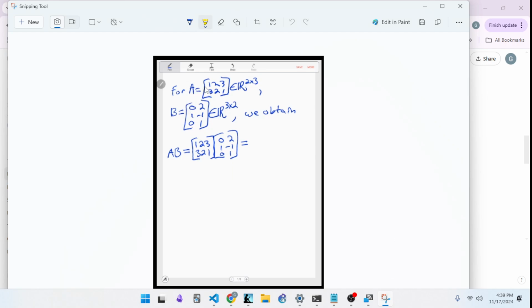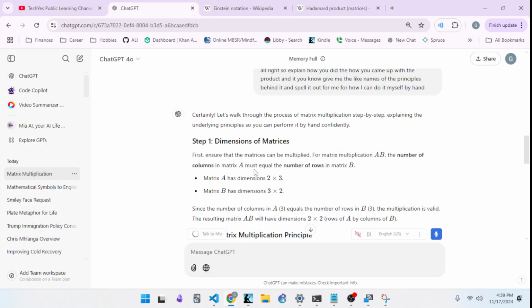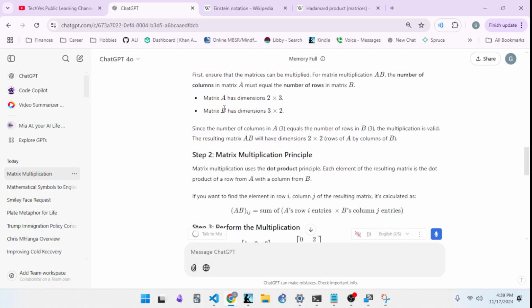The number of columns in A, there are 3 columns. Yep, and that equals the number of rows. Perfect.